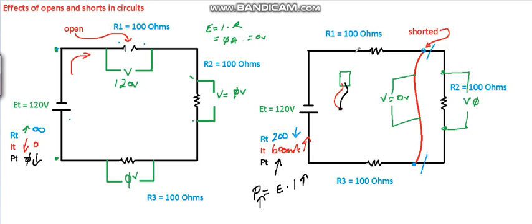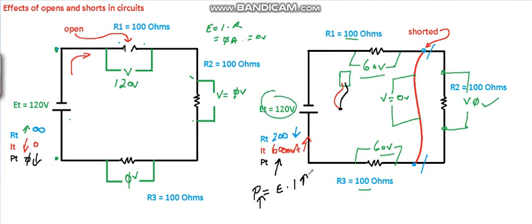Now if I take a look at the voltage across here, from here to here, that's just going to be a function of Ohm's law. I've got 100 ohms here, 100 ohms here, and 120 volts, so I've got 60 volts there. So it stands to reason I'm going to have 60 volts here as well, and 0 volts there. 60 plus 60 equals my 120.